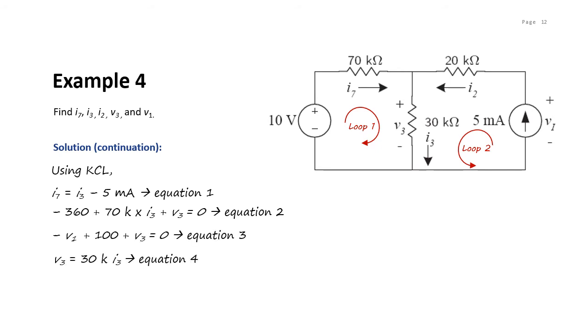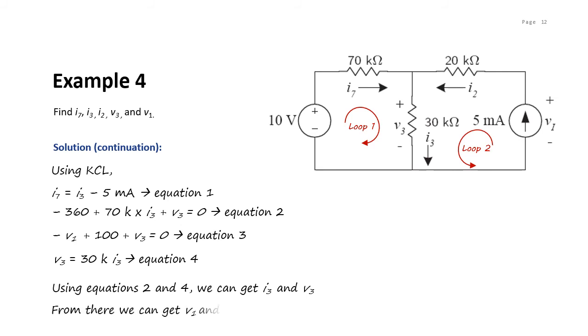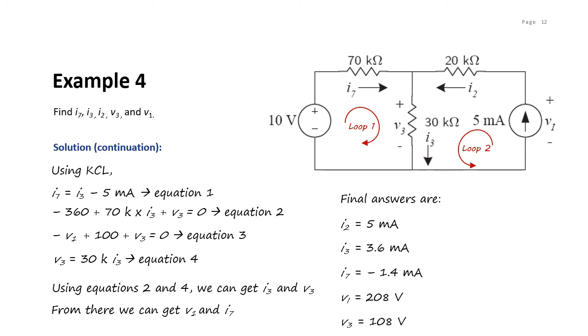So we have 4 equations. Using equations 2 and 4, we can get I3 and V3. From there, you can right away get V1 and I7. All the final answers are as given here. You can do it from the beginning until the end and see whether you get the same answers or not.